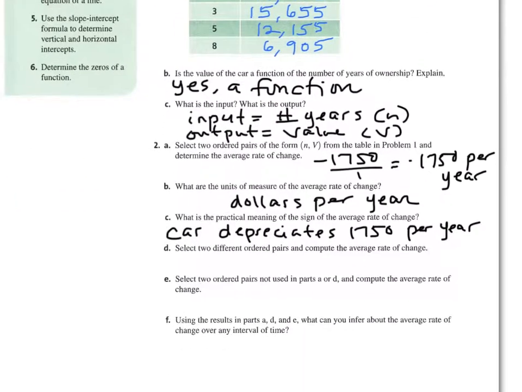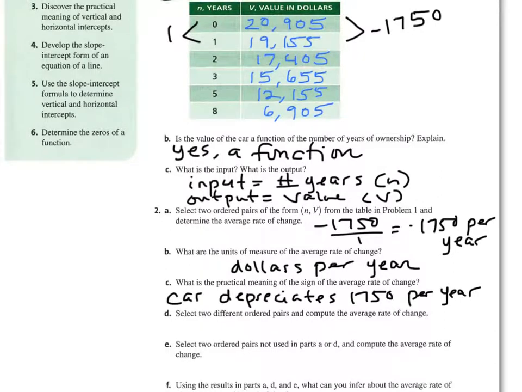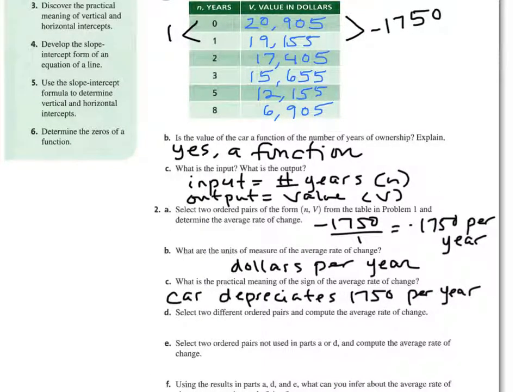Okay, so now we're going to do the same thing with two other points. I'm going to go now from here to here and here to here. It doesn't matter what two ordered pairs. If I find the difference between 17,405 and 15,655, it is decreasing. It's going down 1750 again per 1 year.